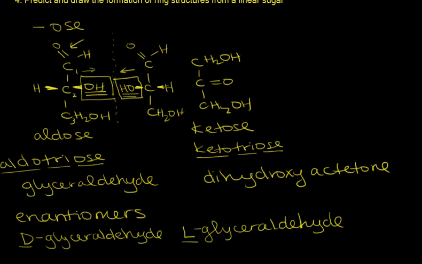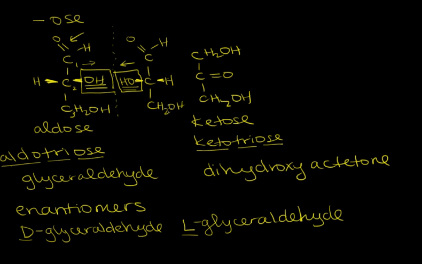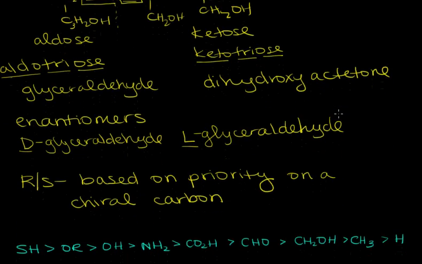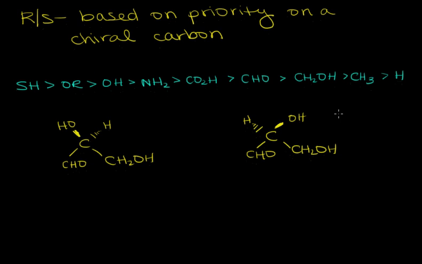This designation goes over the entire molecule. This whole molecule is called D-glyceraldehyde, and this whole molecule is called L-glyceraldehyde. And that's different than R and S. Okay. So R and S is based on priority on a single chiral carbon. So each carbon that is chiral has 4 different attachments. You can assign that carbon as designated R or S, and that's really based on the priorities of what's attached to it. So if you remember from organic chemistry, the first step is to probably make a model and put the lowest priority all the way at the bottom, so the farthest away from you.